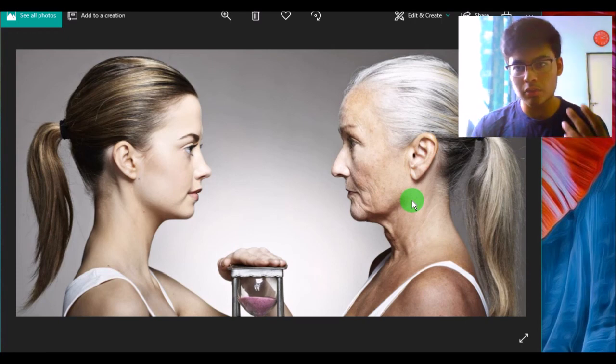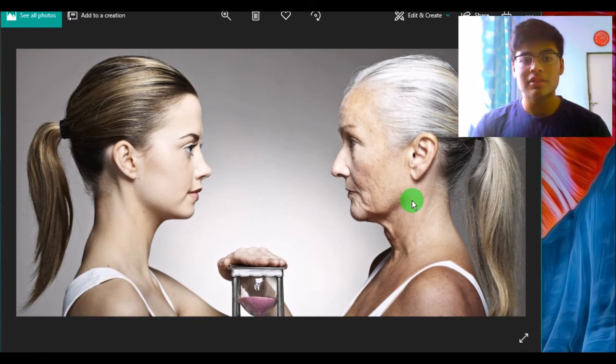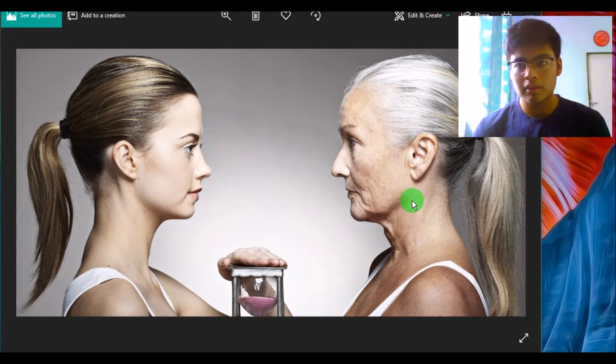The next one is quite interesting. It's called anti-aging. Most of us think that aging happens because cells start deteriorating in number, or they don't work properly, and the mechanism responsible for repairing them doesn't work properly.